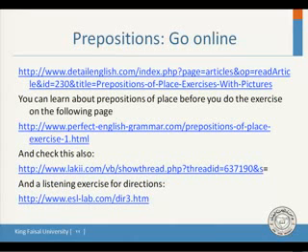So you can see we have the first web page, and the second web page you can learn about prepositions of place. Place, not time. We are talking about place here. And the last web page, there is a listening exercise about directions. You can listen and learn about directions. So these web pages are about prepositions of place and directions.